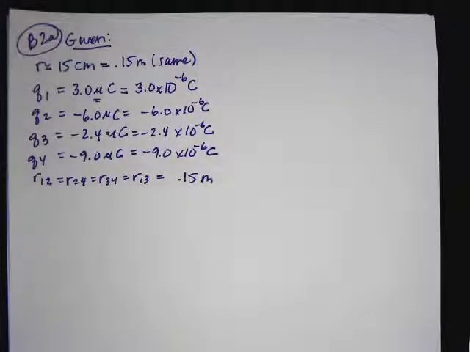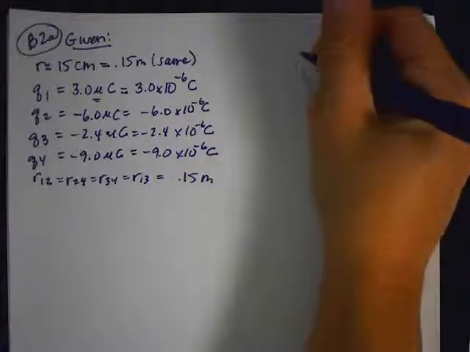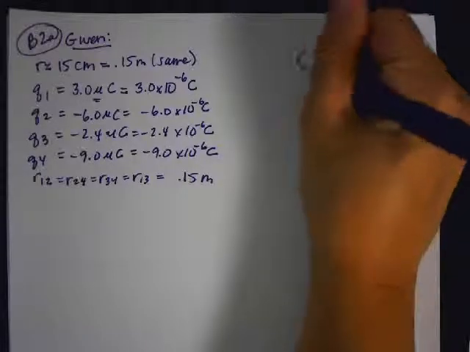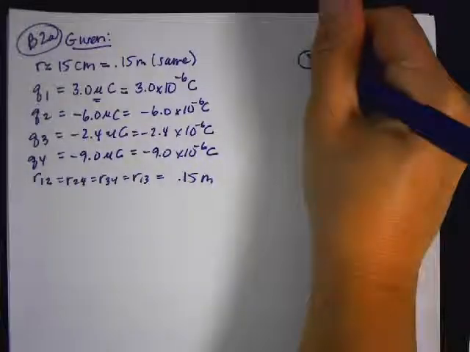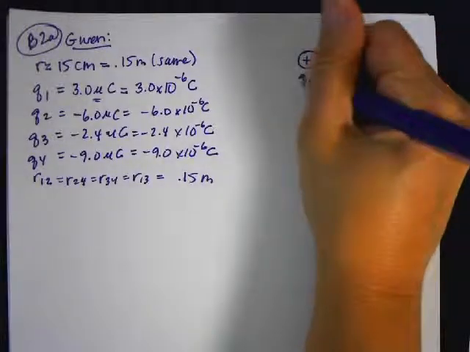The most important part is going to be to draw my picture. So now I have to carefully read where each charge is in this square. The diagram is going to help me with this. First here, I have the 3 microcoulomb one, which I called Q1.